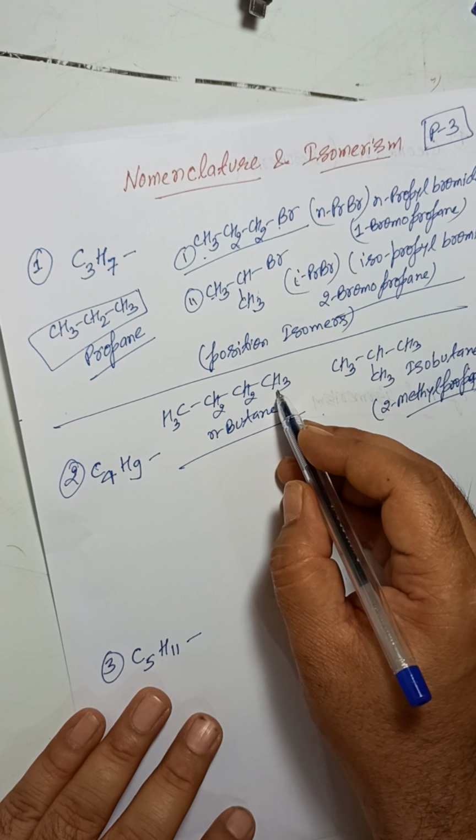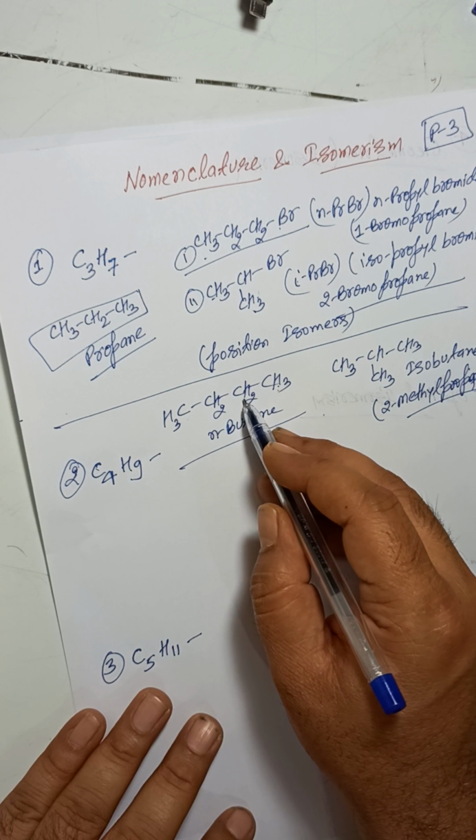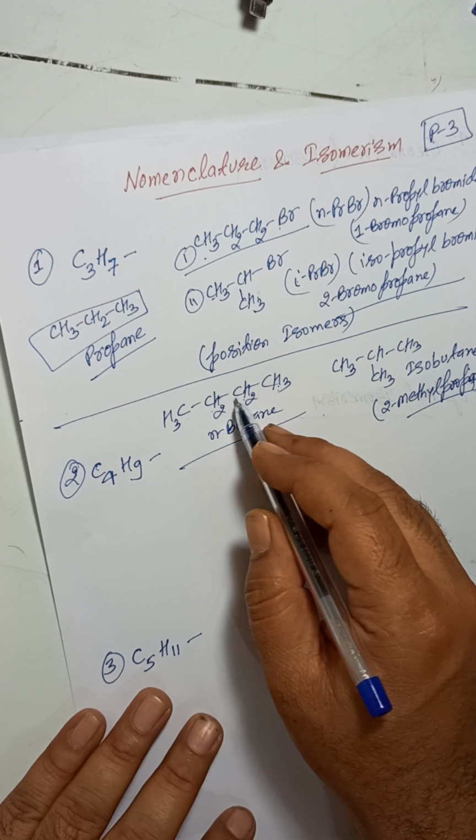From here we can remove hydrogens from the first carbon. These two are identical, or we can remove hydrogens from the second carbon. These two again are identical.